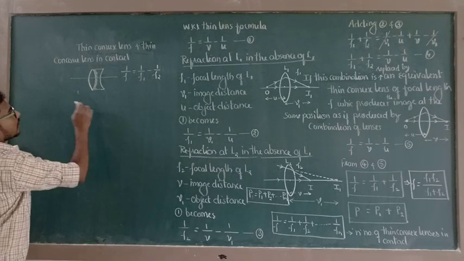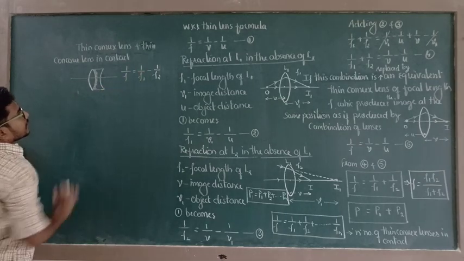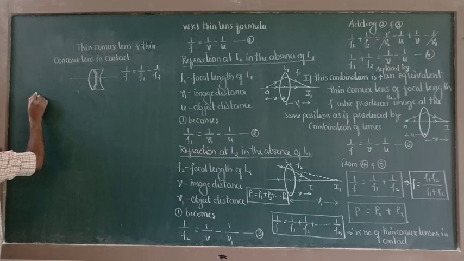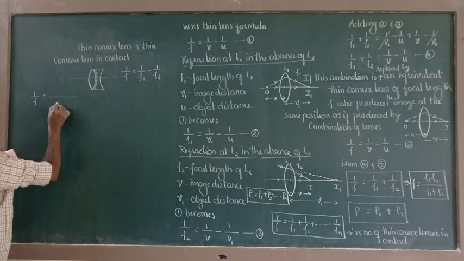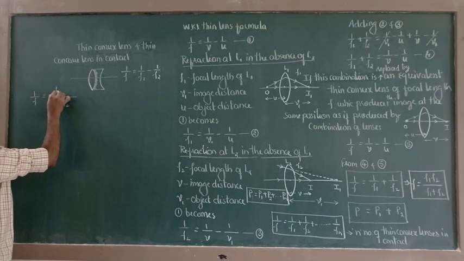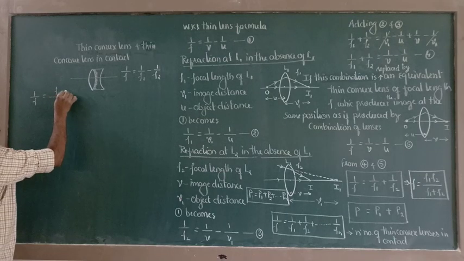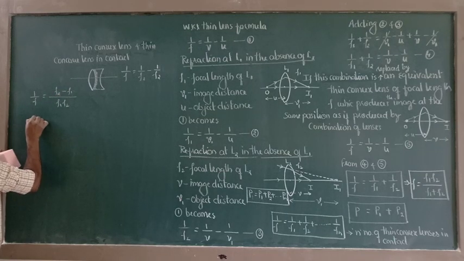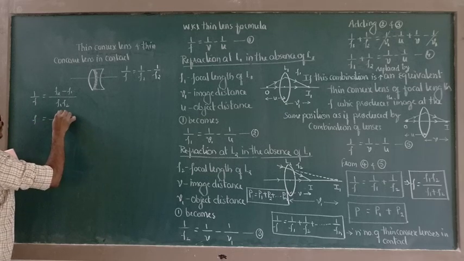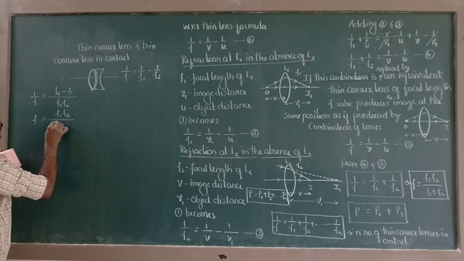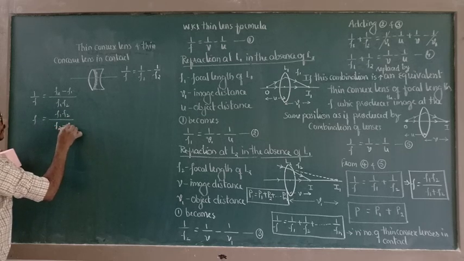Now condensing this equation, 1 by f is equal to LCM f1 f2 into f2 minus f1, then f is equal to f1 f2 divided by f2 minus f1.